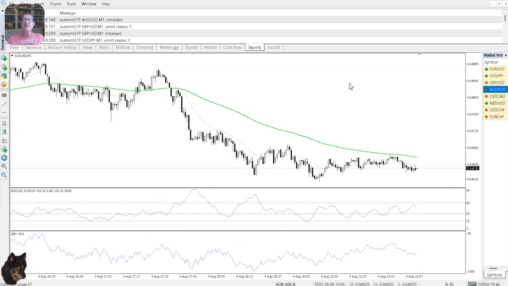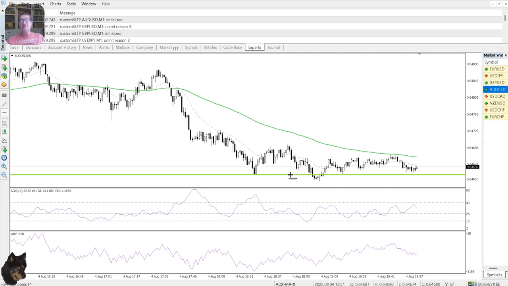Next currency pair, Australian dollar, US dollar, and let's see what we get here. By now, this is the fourth currency pair I checked, and I can tell already that no matter what everything is showing here, OBV, ADX, we are sitting at a support and resistance level. Let's wait.